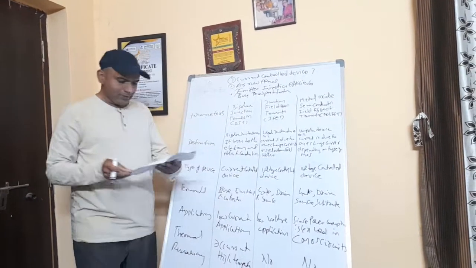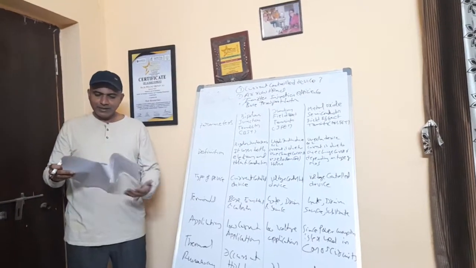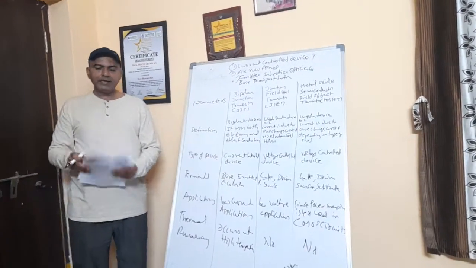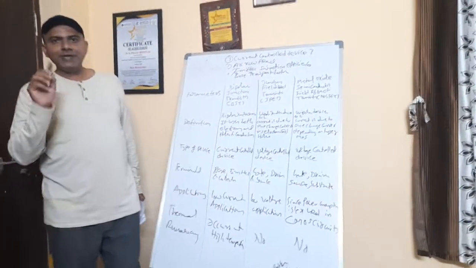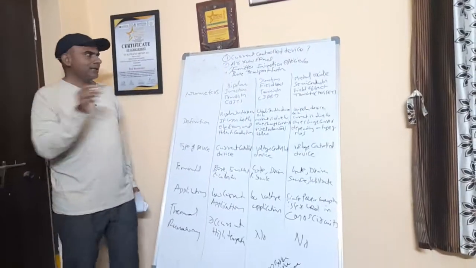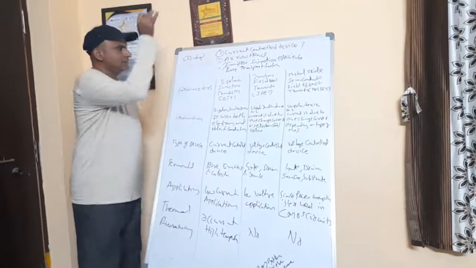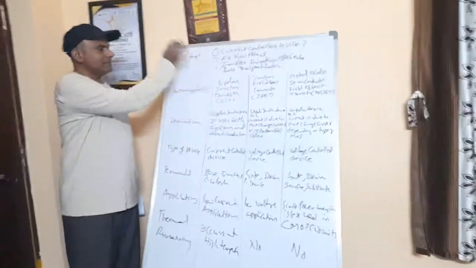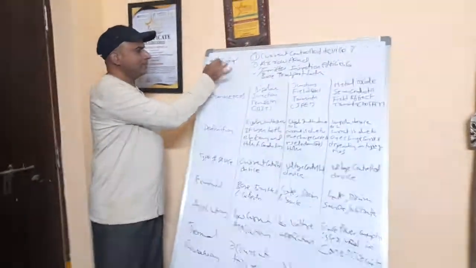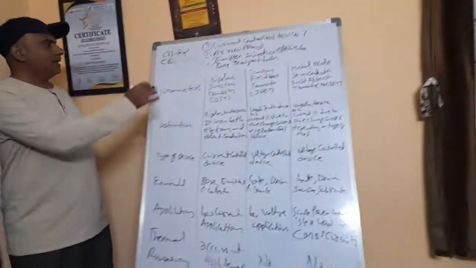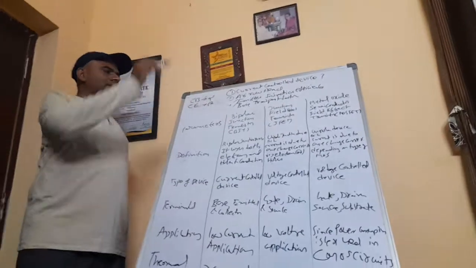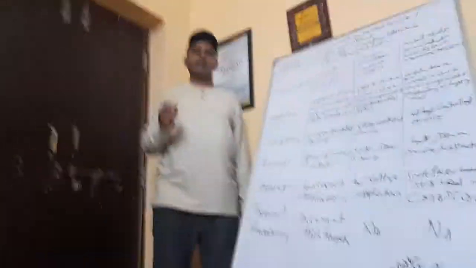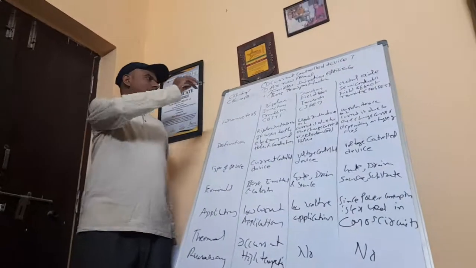The next question is very important: the range of alpha. Alpha is the current amplification factor pointing to the CB transistor, and it is always less than unity. In the common emitter amplifier, the current amplification factor is called beta, and its range is generally about 200.